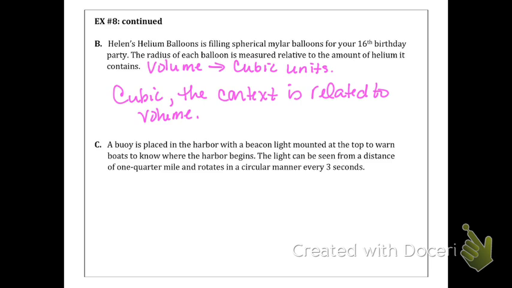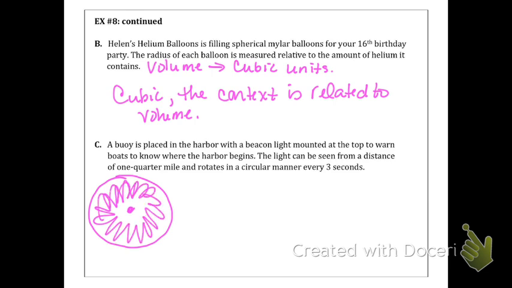Area would be quadratic. All right, so C says a buoy is placed in the harbor with a beacon light mounted at the top to warn boats to know where the harbor begins. The light can be seen from a distance of 1/4 mile and rotates in a circle manner every 3 seconds. So here's our buoy, and so it can be seen anywhere in this shaded area, okay?